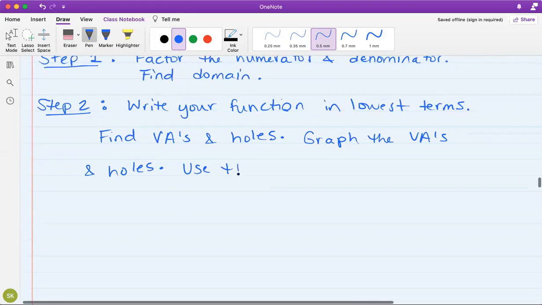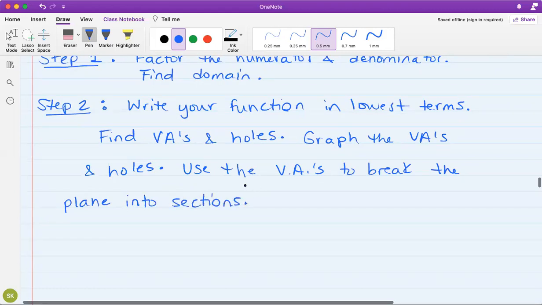So use the vertical asymptotes to break the plane into sections. And I'm going to show you how to do that a little bit later. I'm just giving you all of the steps we need to take first.